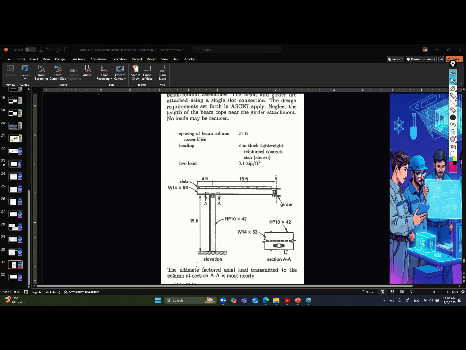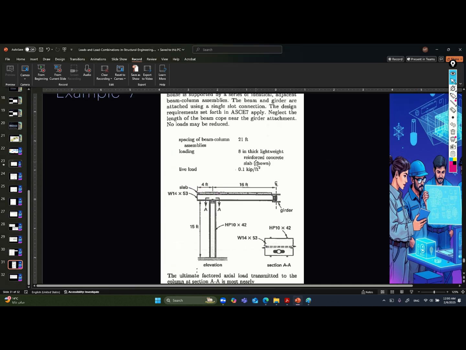So from this picture you can draw the statical system, where you will have a roller, and that is a cantilever, and this one is hinged, so it will be something like that, roller and hinged, okay.